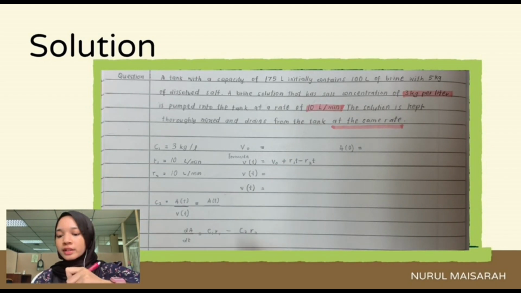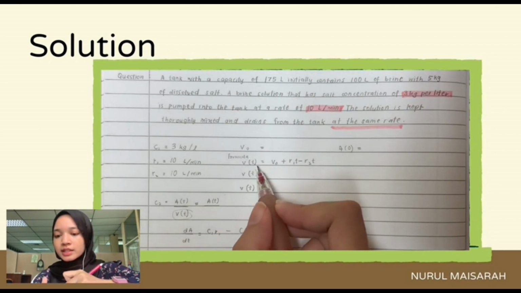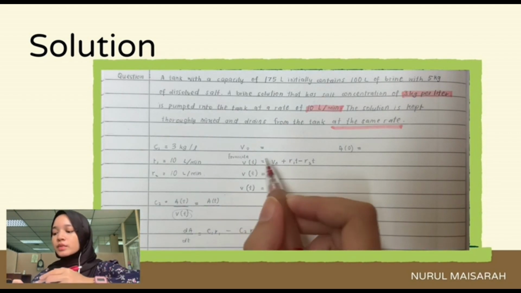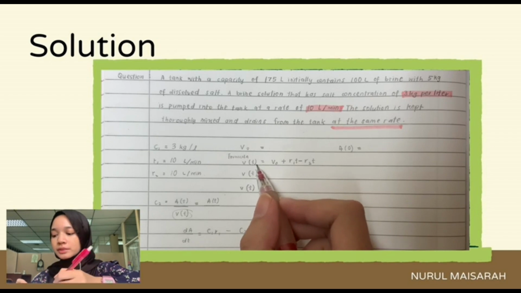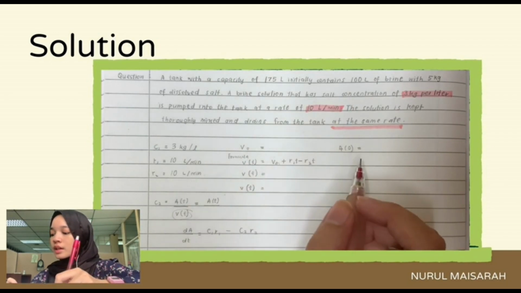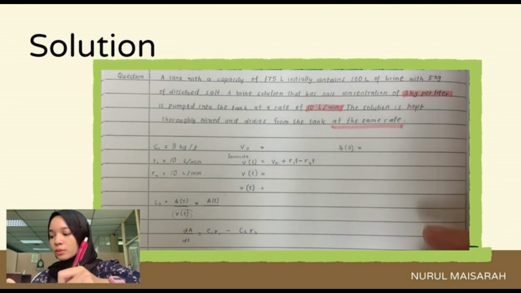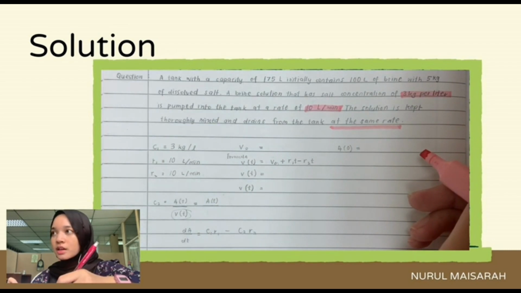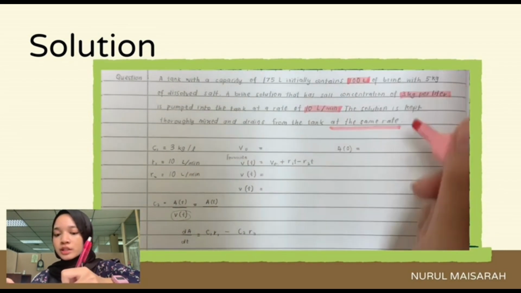To find C2, using this formula, A(t) over V(t), what we have to find is V(t). To find V(t), we use this formula and substitute V0, which is the initial volume of solution in the tank, plus R1t minus R2t.